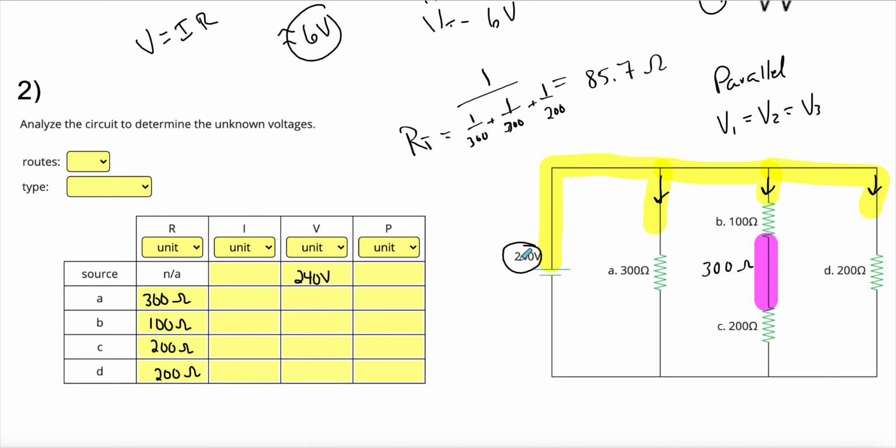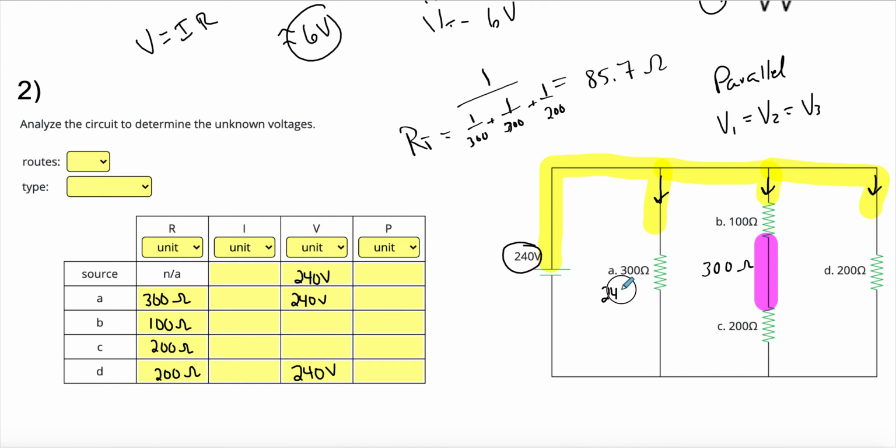If we have 240 volts pumping through there, then we have 240 volts here. So A is getting 240 volts, B and C are getting 240 volts combined, but we have to work with that, so we'll skip over B and C here and write 240 volts for there.